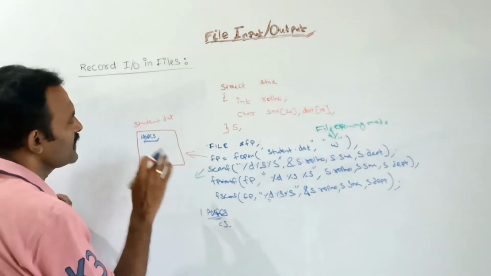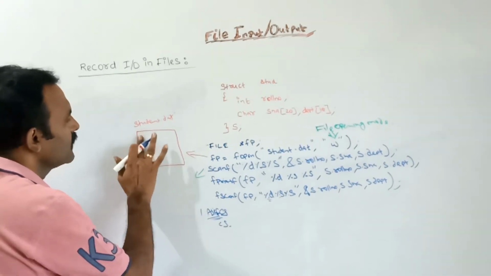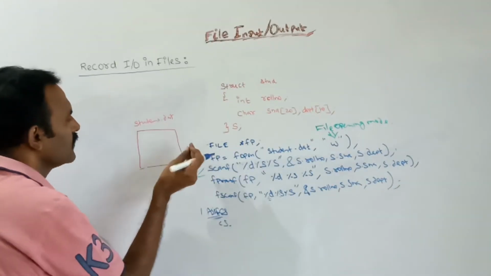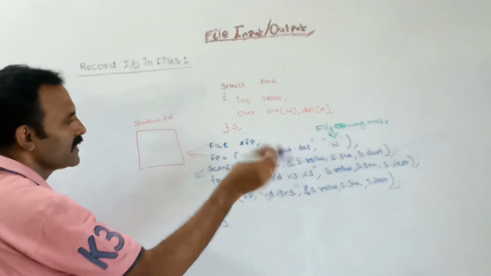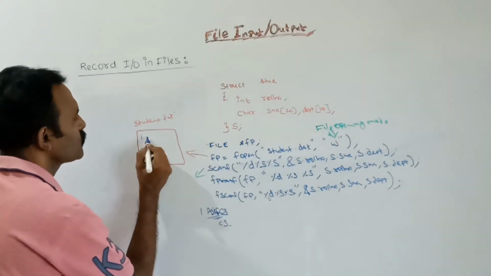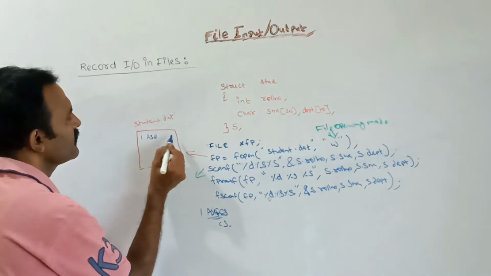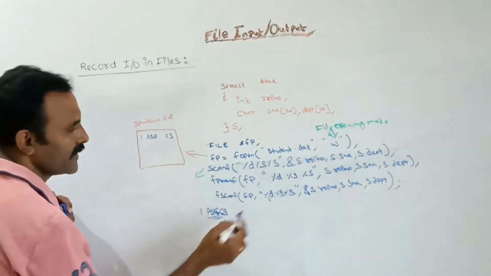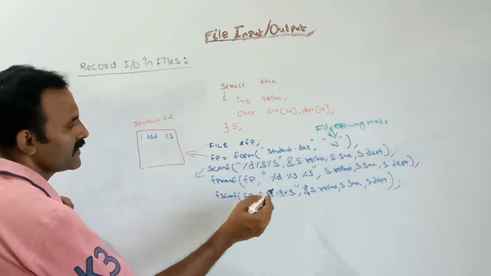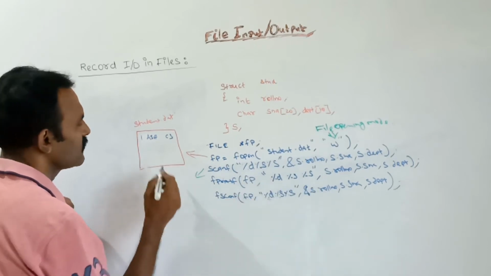If you leave a space for each and every variable, then depending upon the space, the content will be stored. Suppose I leave one space: 1 asif cs. Then this 1 will be stored to the buffer pointer, and from the buffer pointer to the address of roll number.